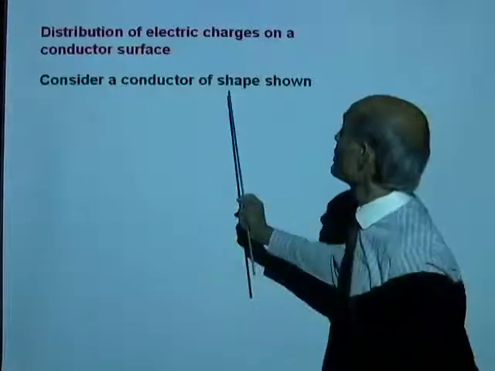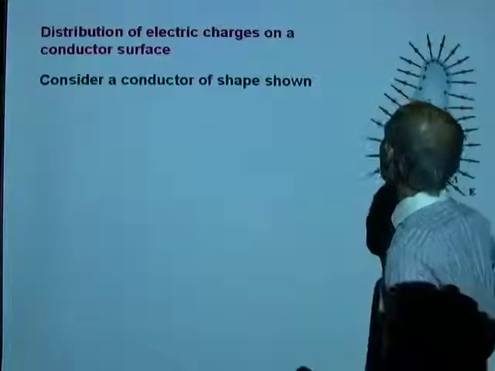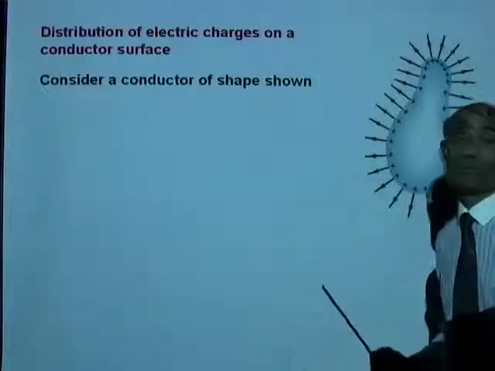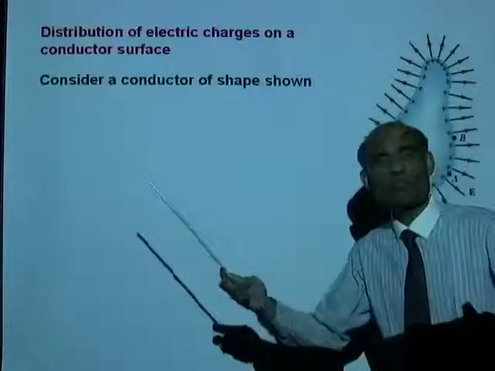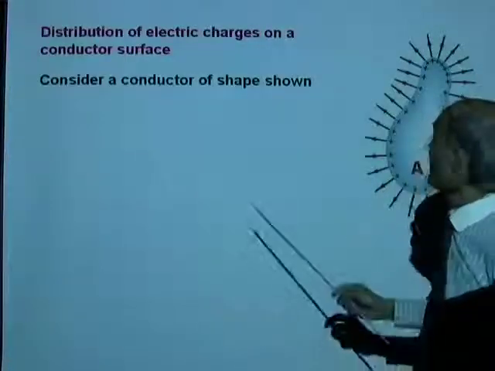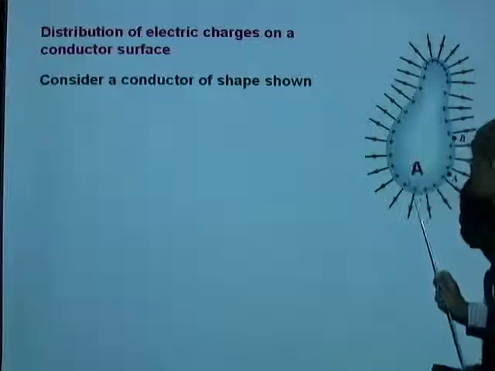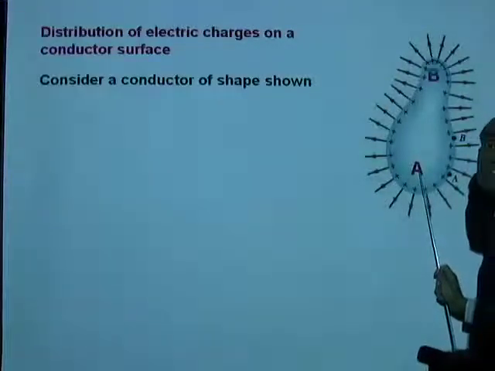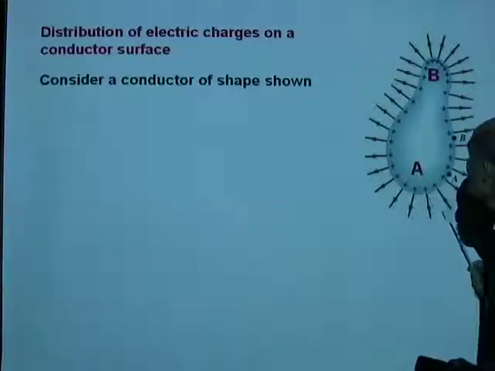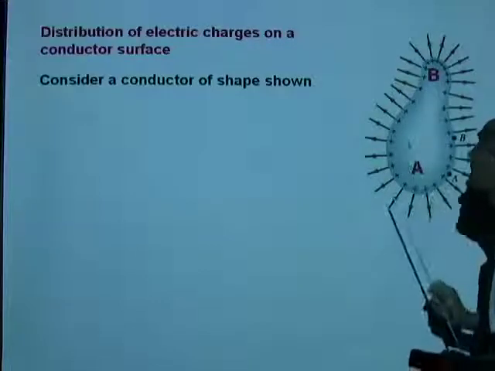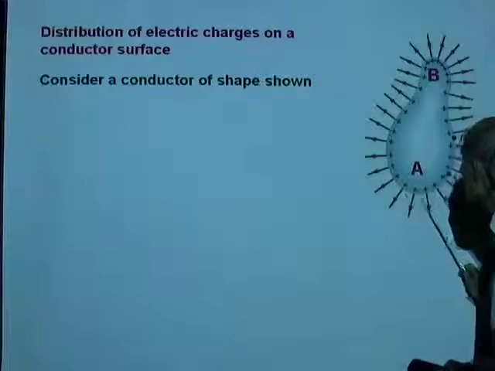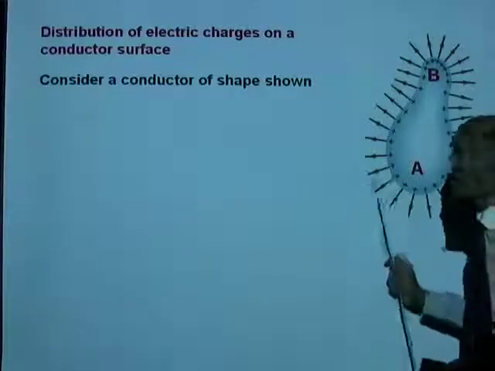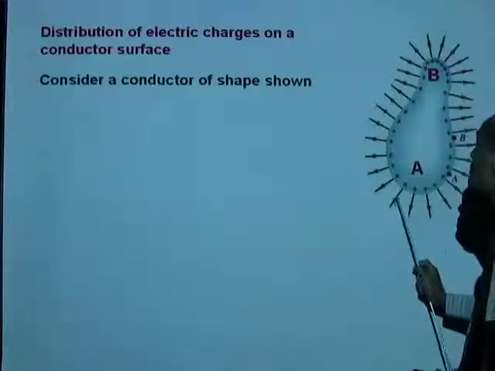Now consider a conductor of this shape. Well, it is kind of a pear shape. Doesn't matter. Some irregular shape. Now, let's consider two regions of that conductor. This is region A and that is region B. A is part of a sphere of a certain radius.